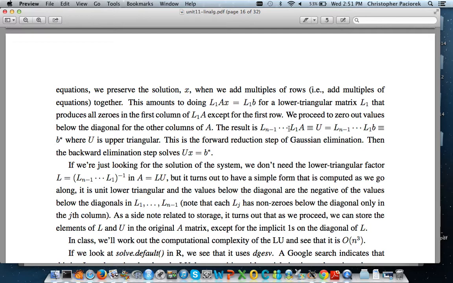The steps that we just talked about can be written as taking a lower triangular matrix that I'll call L1, multiplying it by A, taking the result of that, multiplying it by a lower triangular matrix L2, and when you pre-multiply by all these matrices, you get an upper triangular matrix.